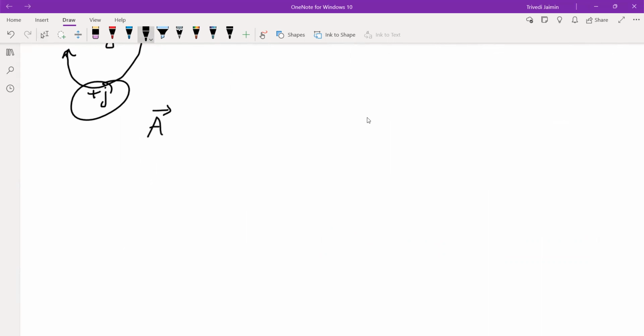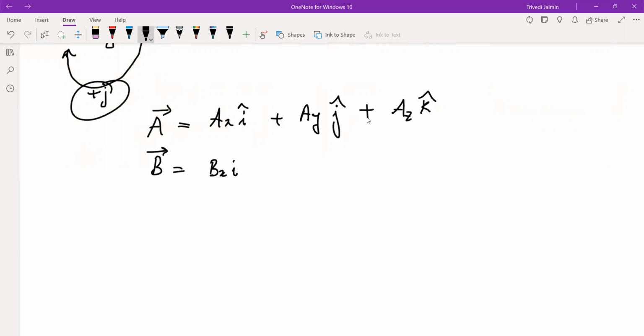So A is given as AX I cap plus AY J cap plus AZ K cap. Now B is given as BX plus BY, similar way.